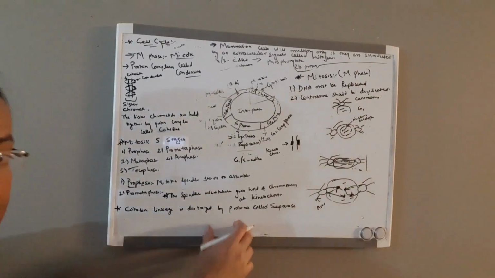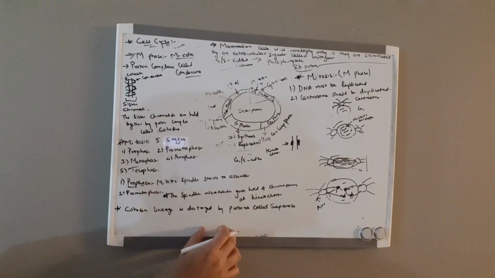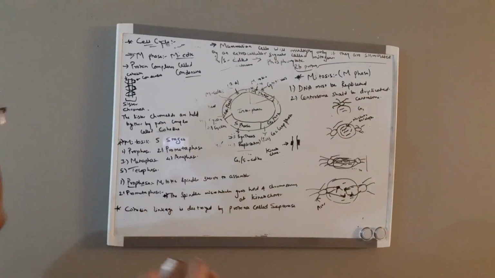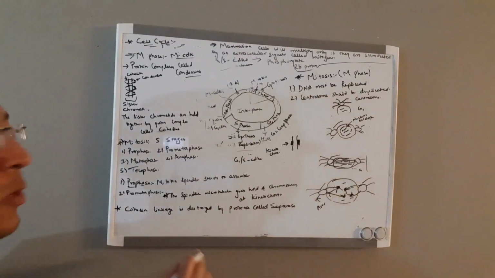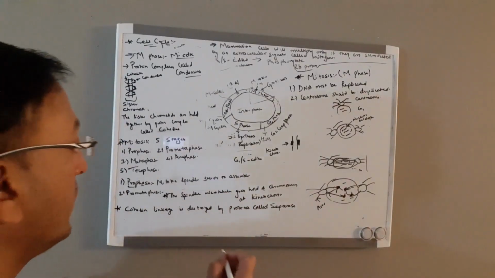Before anaphase begins, this protease is held in an inactive state by an inhibitory protein called securin.